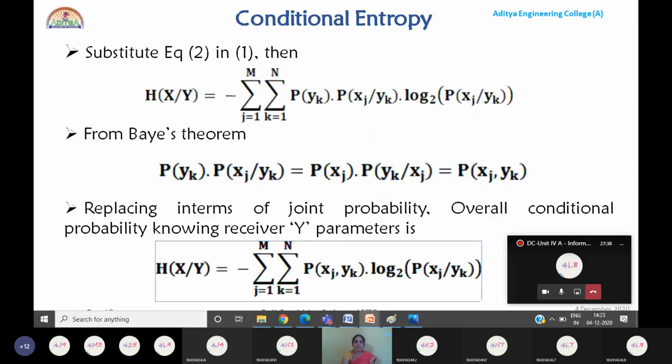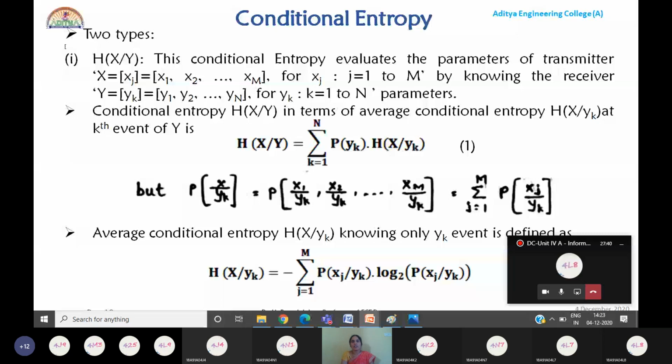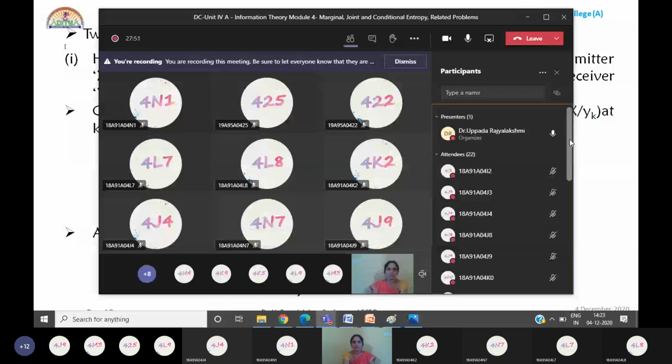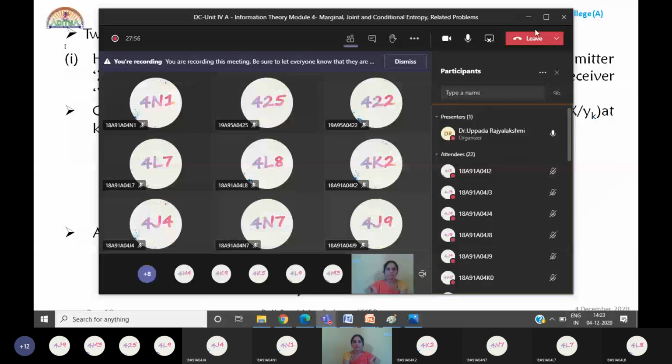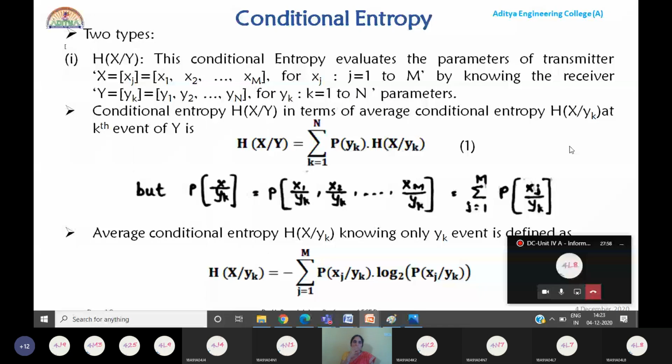Already I told you there are two types of conditional entropies. One is H of X by Y. This entropy evaluates the parameters of the transmitter section.